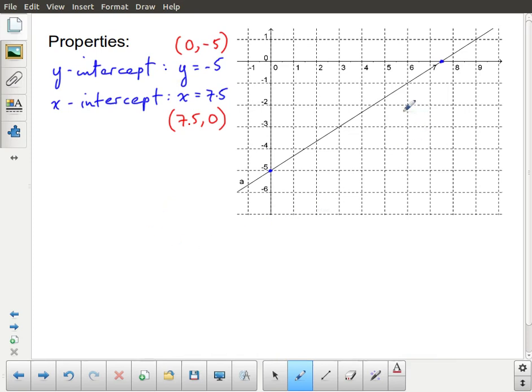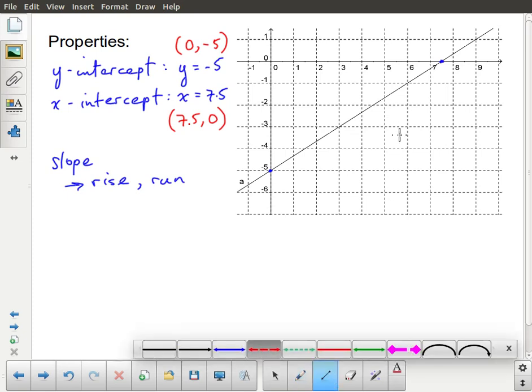Something else that we might be interested in when we're dealing with straight lines might be the slope. Now the slope actually has a number of components to it before we can get to it. When we talk about slope, we're probably going to be interested in what's known as the rise and the run. The rise is the vertical change that occurs.